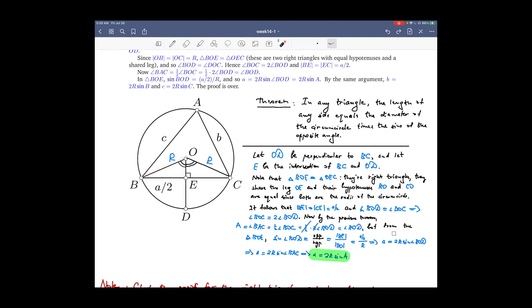In other words, a equals 2R sine of angle BOD. And since angle BOD is simply A, we have proved that a equals 2R sine A.